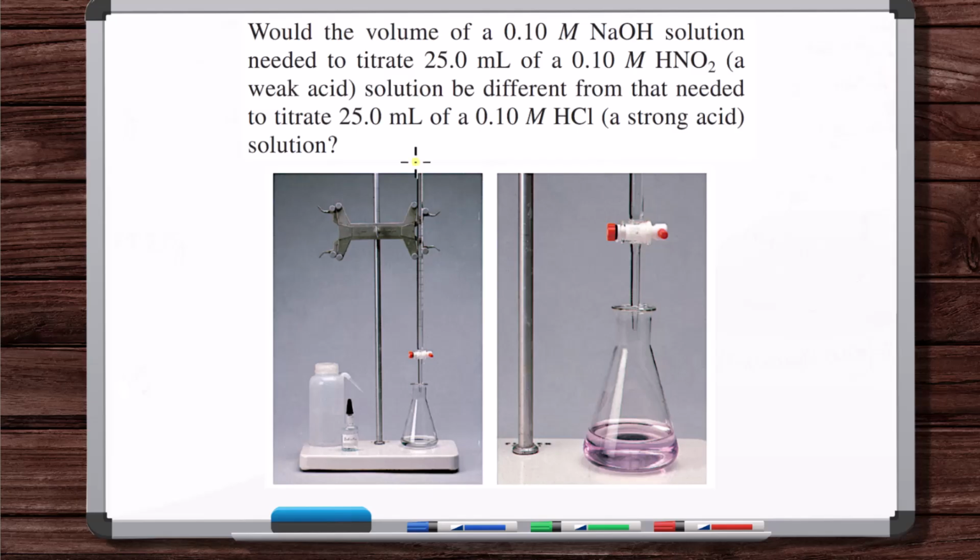Because yes, initially before the titration starts, in the beaker with the hydrochloric acid you're going to have more H+ ions than with the nitrous acid, because with the strong acid HCl every single mole dissociates from the beginning. But that's not the case with the nitrous acid. It's just like I described earlier.